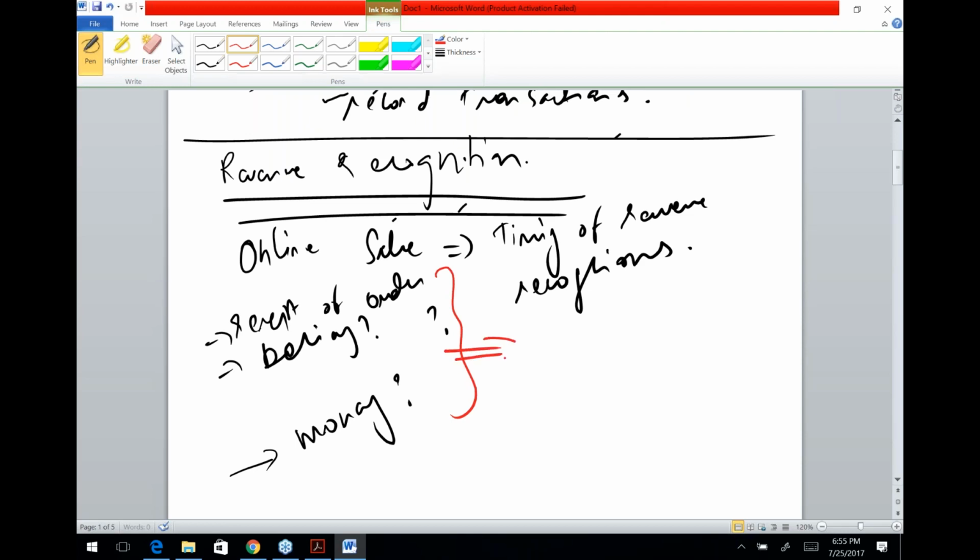So at times you have to ascertain that the timing of revenue recognition is correct. When dealing with online sales in this specific scenario, what could go wrong is the timing of revenue recognition from online sales. That's one of the issues.